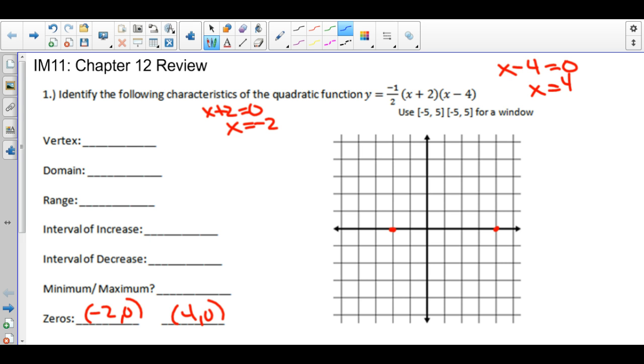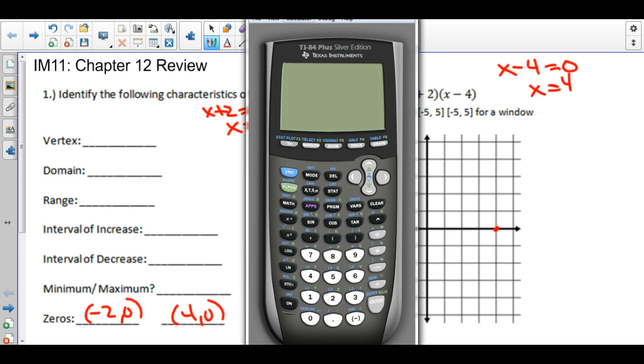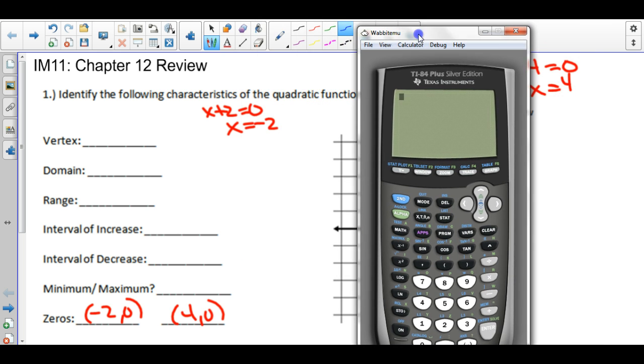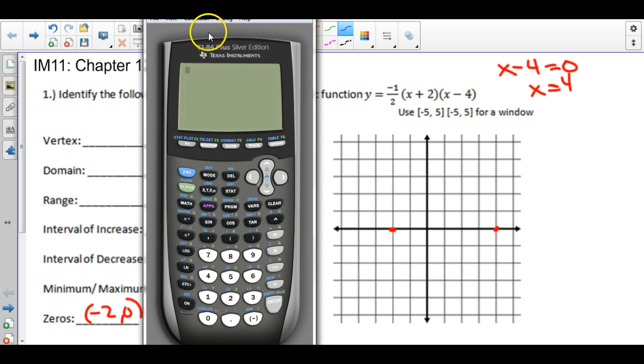Now what I'm going to do to figure out the rest of this stuff is throw it in my calculator, which I'll pull up on the screen so that you guys can see exactly what buttons to hit. So we're going to go to y equals on the top, and I'll put in negative 1/2, or you could even put in negative 0.5, and then just throw it in parentheses right as you see it.